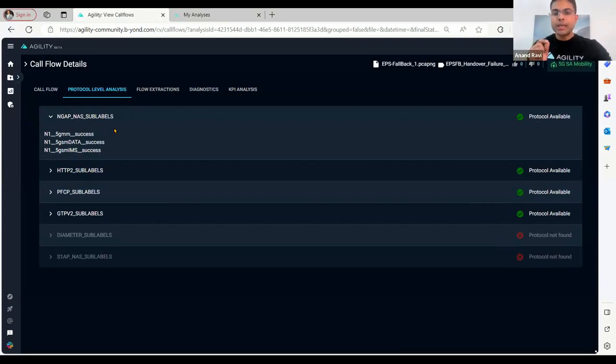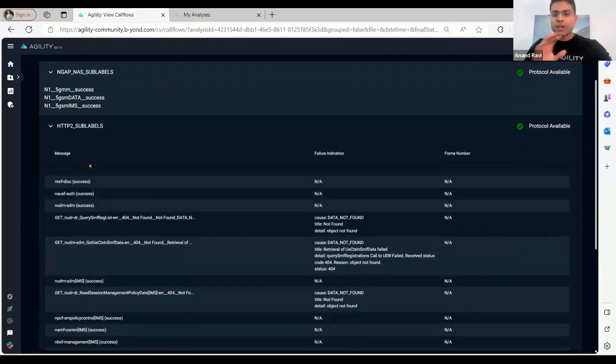Now, for protocols that are indeed invoked in the PCAP, Agility evaluates each one of the sub-procedures for that protocol, right? As I said, EPS fallback will have your 5G connectivity. It will have some mobility management procedures, session management for data, of course, branching out to your internet network. You'll have your IMS specifically for voice. You'll have all your 5G HTTP2 SBI exchanges.